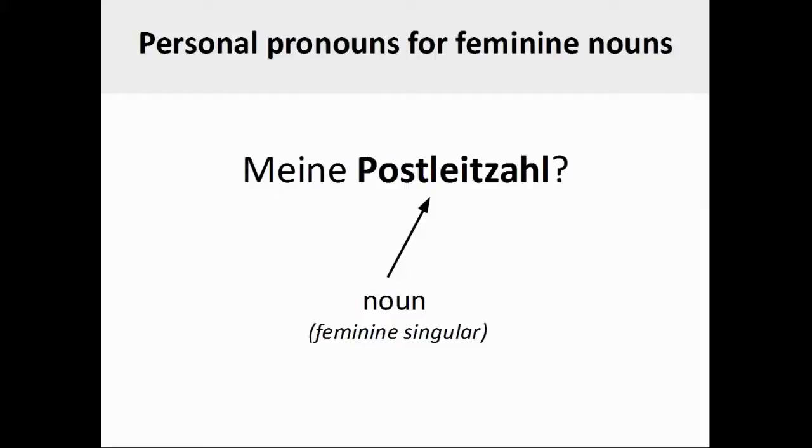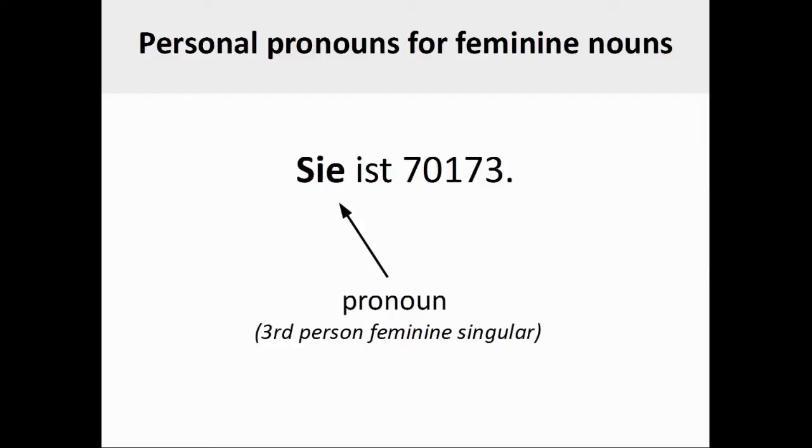The grammatical gender of the German noun Postleitzahl or postal code is feminine, and the number of the noun is singular. If you were to see the definite article of the noun here, it would be die. Since Postleitzahl is a feminine singular noun, the matching personal pronoun needs to be used: sie, feminine, third person singular.